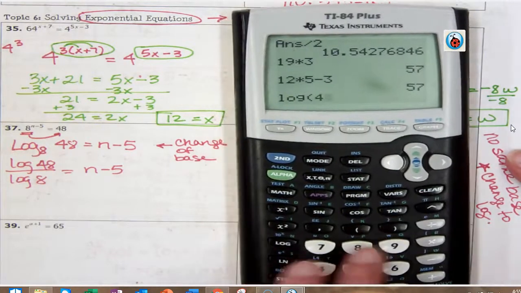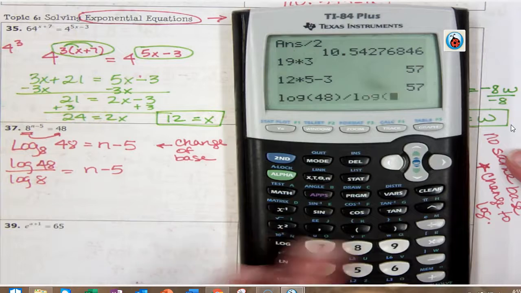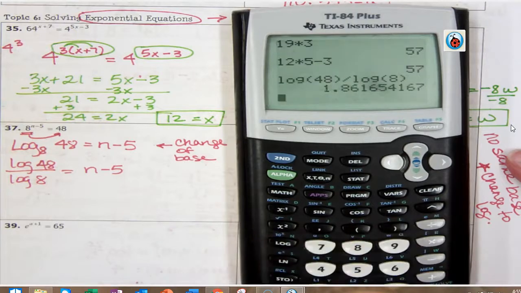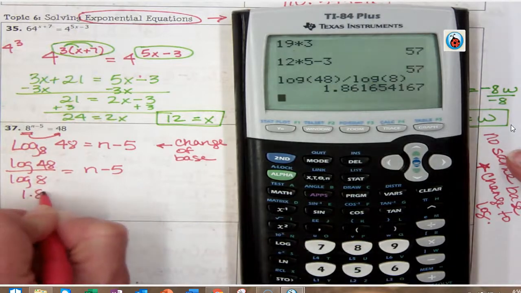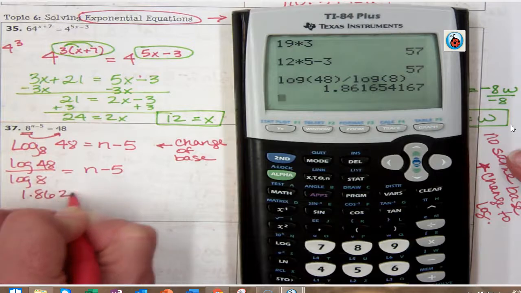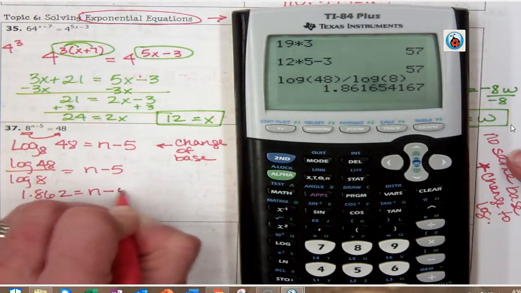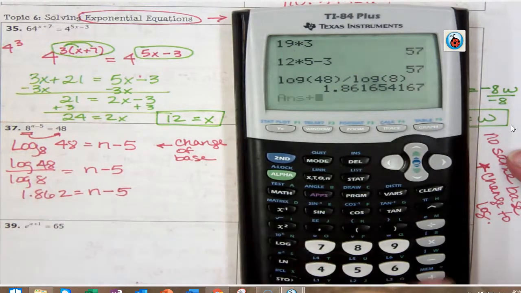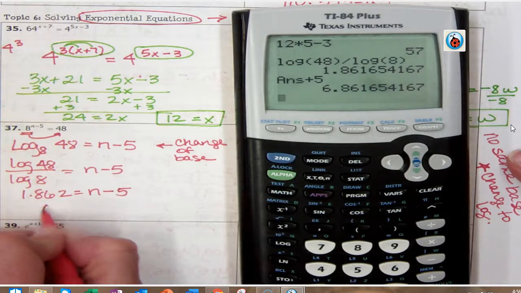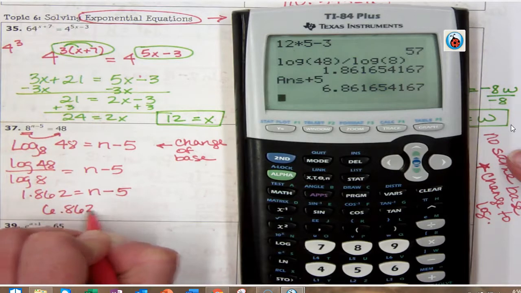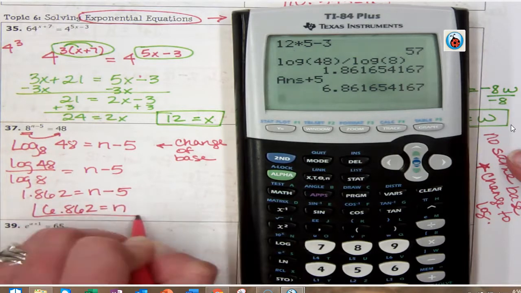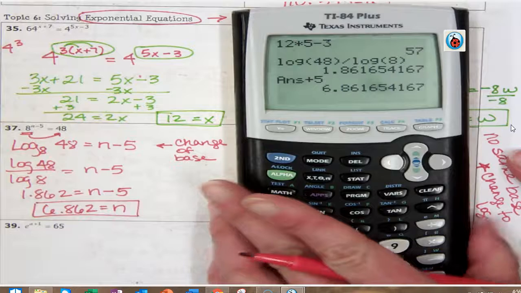Log of 48 divided by log of 8. I get 1.862 equals n minus 5. Add 5 to both sides. 6.862 equals n. So that's how you do those.